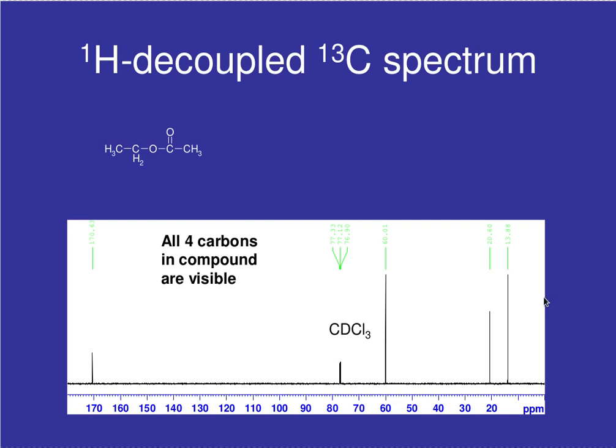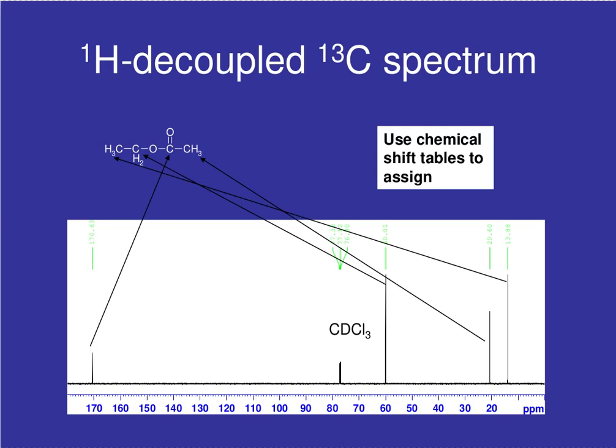Right, so here is the carbon-13 NMR spectrum of ethyl acetate, and it's interesting to note that we've got 4 carbons in our compound, and we see correspondingly 4 signals in the NMR spectrum. Again, in the notes that are available to you in the handbook and the workbook that I've placed on Connected, there are chemical shift tables, and so you can use chemical shift tables to identify and assign every carbon in the molecule to a signal in the spectrum.